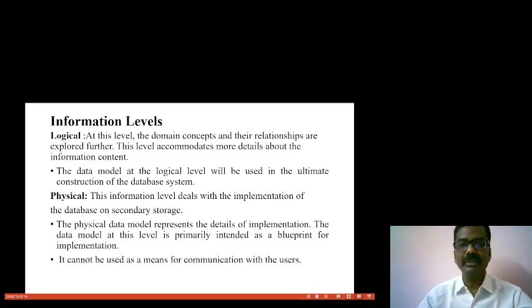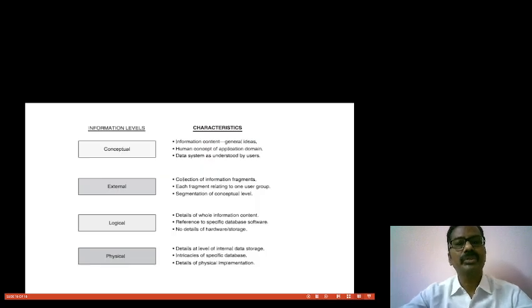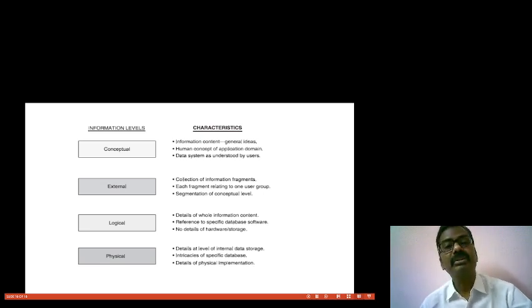So these are the different information levels. Various information levels and their characteristics are clearly seen in this slide. Conceptual is about the information content, that is general ideas, and the data system as understood by the users.